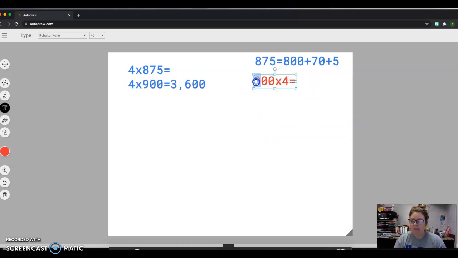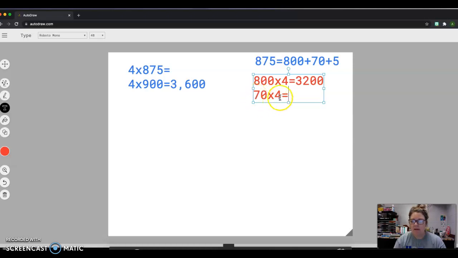We can find our basic fact. 8 times 4 is 32. And we're looking at 32 hundredths, so we need to add 2 zeros. The next partial product is going to be 70 times 4. So we again find the basic fact.